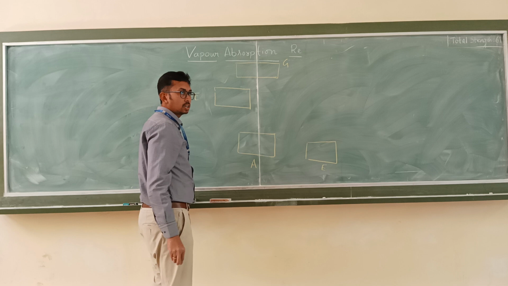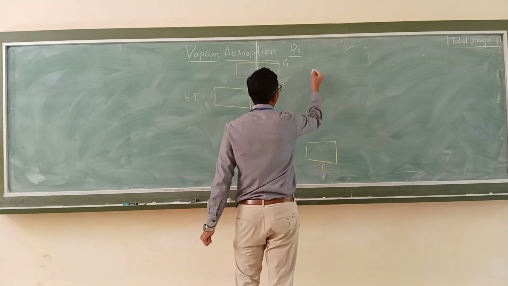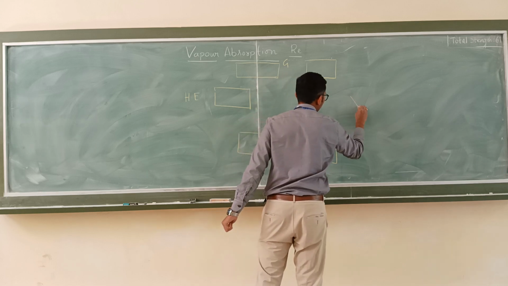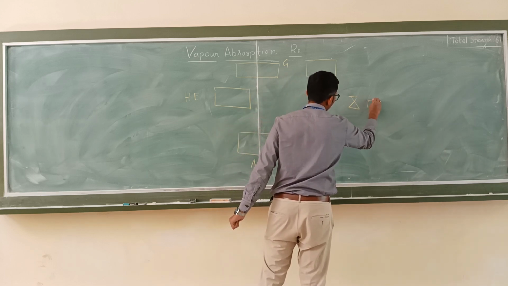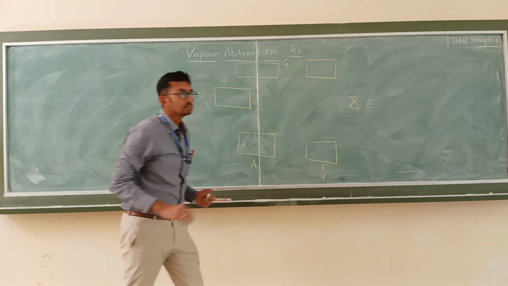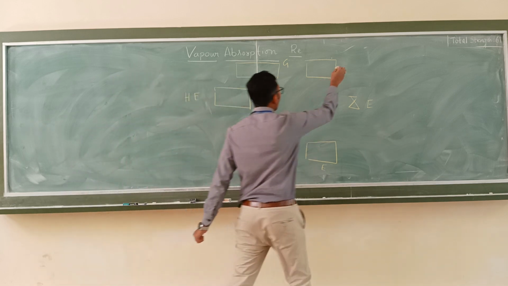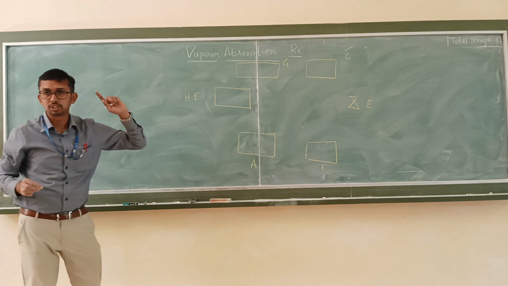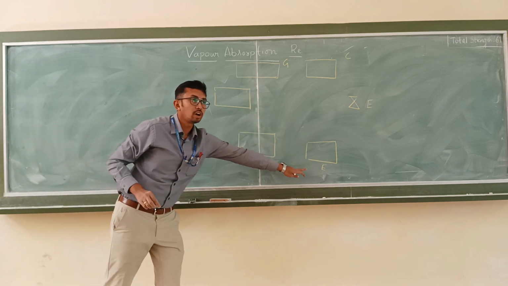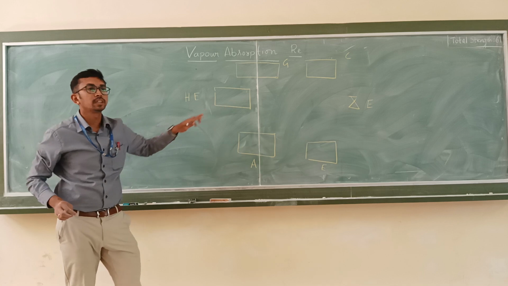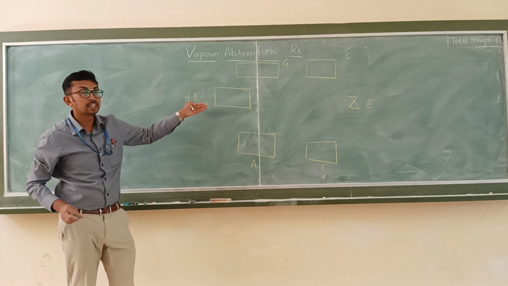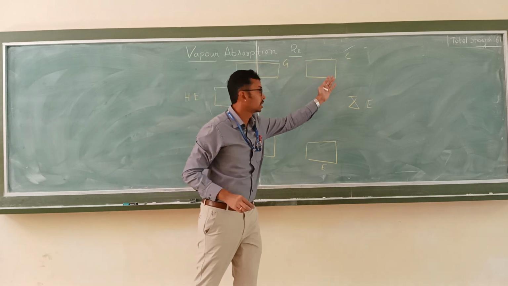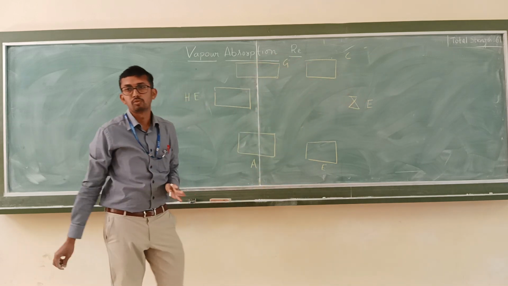Next one is condenser. Next one is expansion. So these are the components of vapor absorption refrigeration. It consists of evaporator, absorber, heat exchanger, generator, condenser, and the expansion.